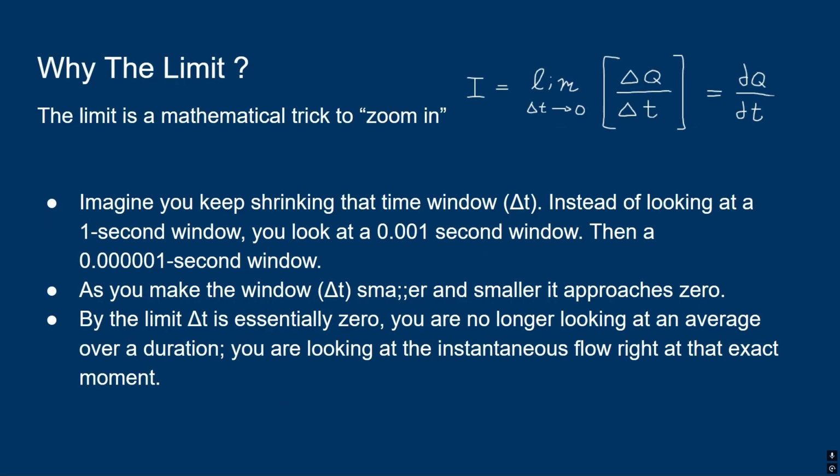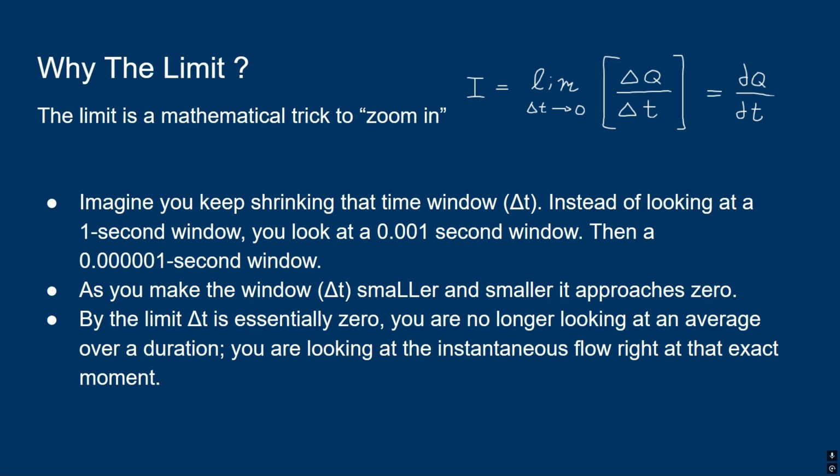So why the limit? The limit is the mathematical trick we need to zoom in and look at what's going on. Imagine you keep shrinking that time window delta T. Instead of looking at a 1 second window, you look at a 0.001 second window. Then you look at a 0.000001 second window. As you make the window delta t smaller and smaller, it approaches zero.